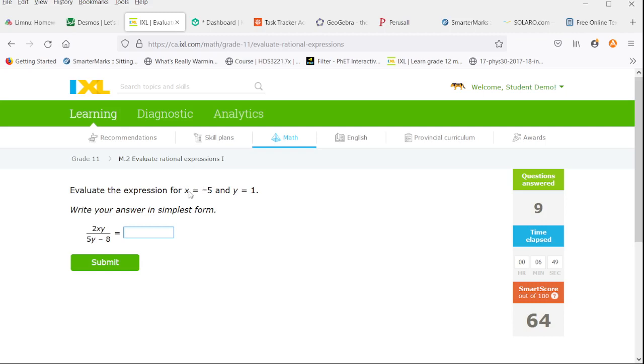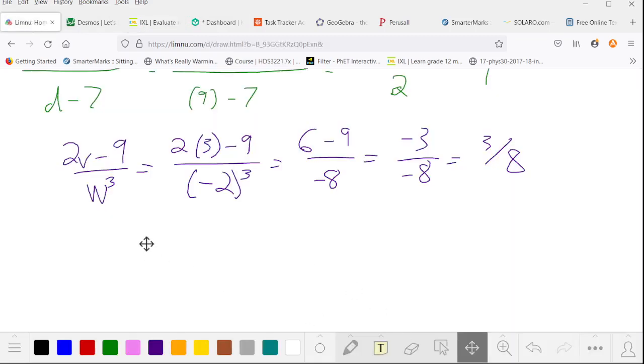Now we have another one with variables for x and y. So we have 2xy over 5y minus 8.